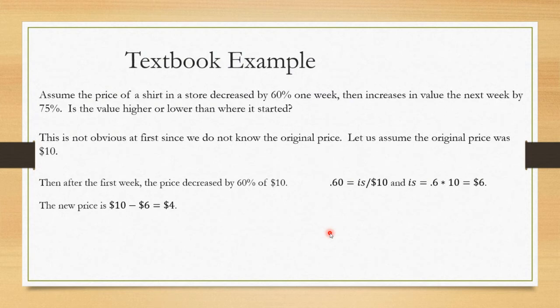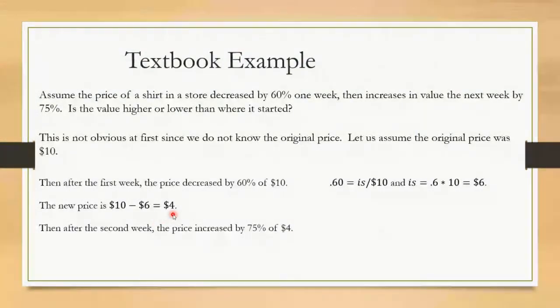Now, another week goes by and we are told the price goes up by 75%. In other words, the price will increase by 75% of 4. That's really what they're saying. Well, what is 75% of 4? It's just like up here, except the numbers change.